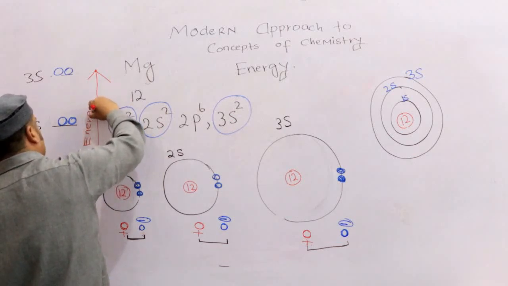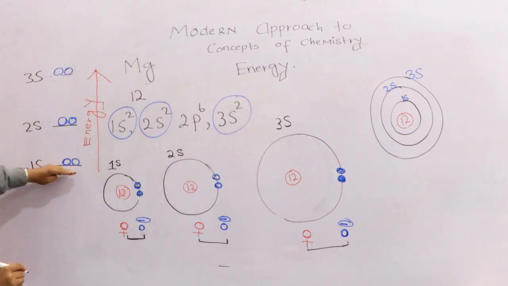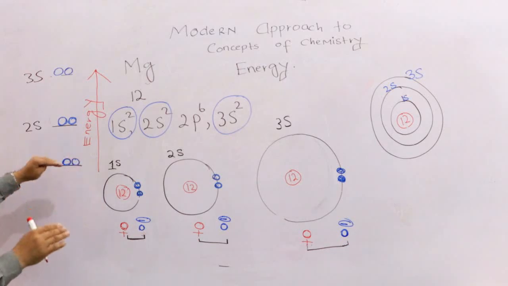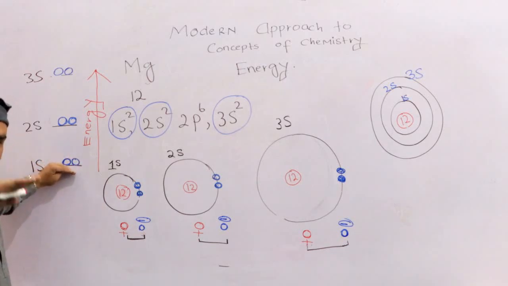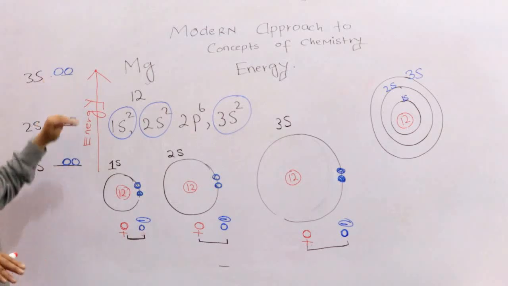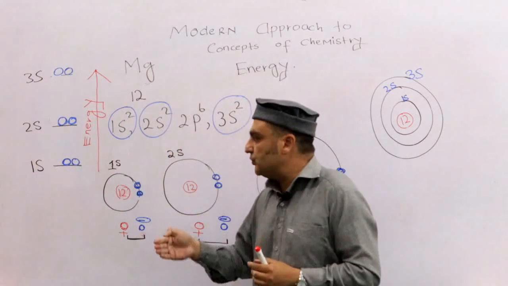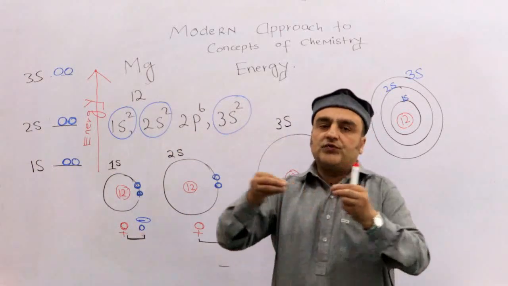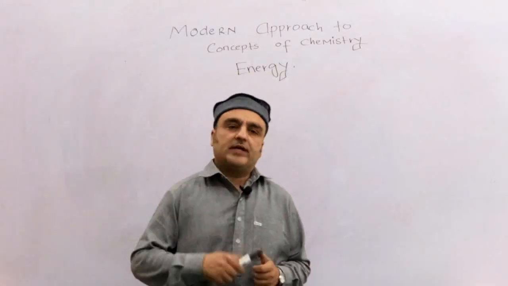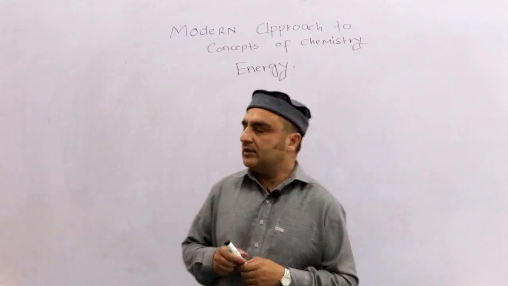Electrons in the 1s orbital are of lower energy, the 2s are a little bit higher, and 3s are a little bit higher still. Now you know why: just because of the distance between the positive and the negative charges. Okay, so let us move to another example.